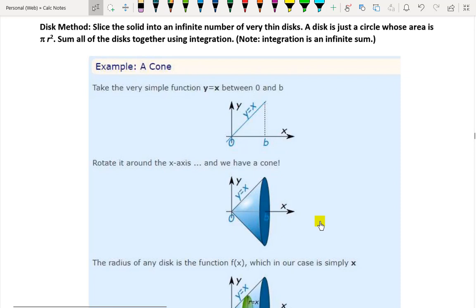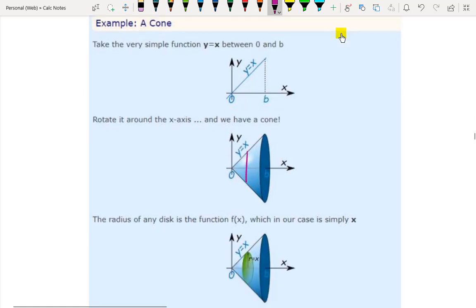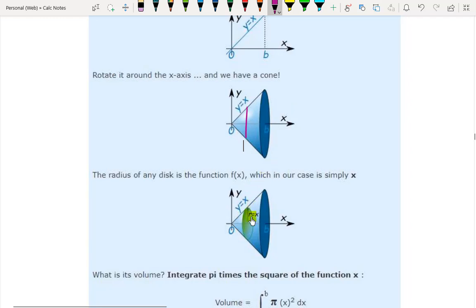Sometimes when we slice them, you get what's called a disk, which is a solid circle. So if we were to slice this thing right through here, or even if you look down here, you can see the slice and the circle that's around there. Well, the area of that circle is just pi r squared.